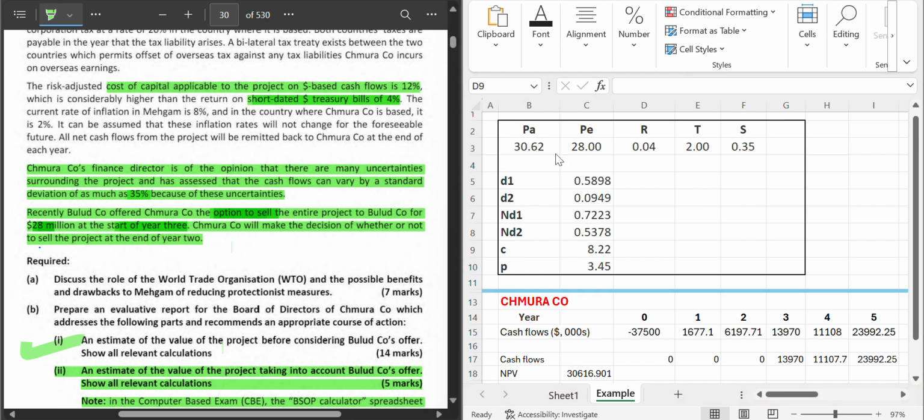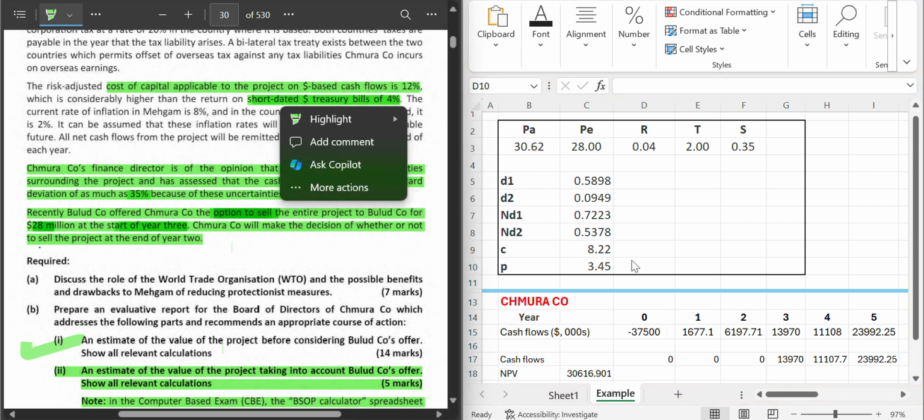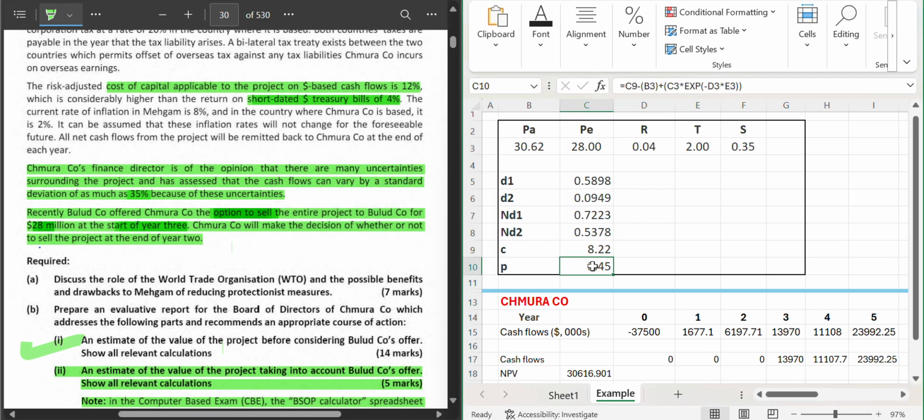So once you put this value here, you can see it has automatically calculated the call and put options. Since this question is asking to evaluate the option to sell, we will use the put option.